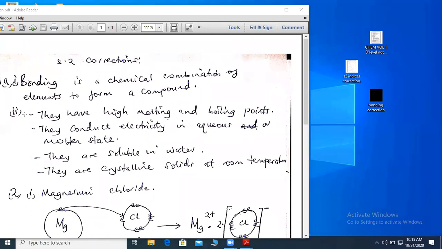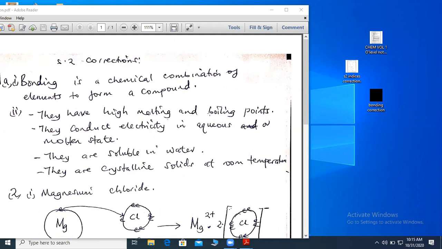So if for ionic bonding I say they have high melting and boiling points, that means the property of compounds formed by covalent bonding will be they have low melting and boiling points.